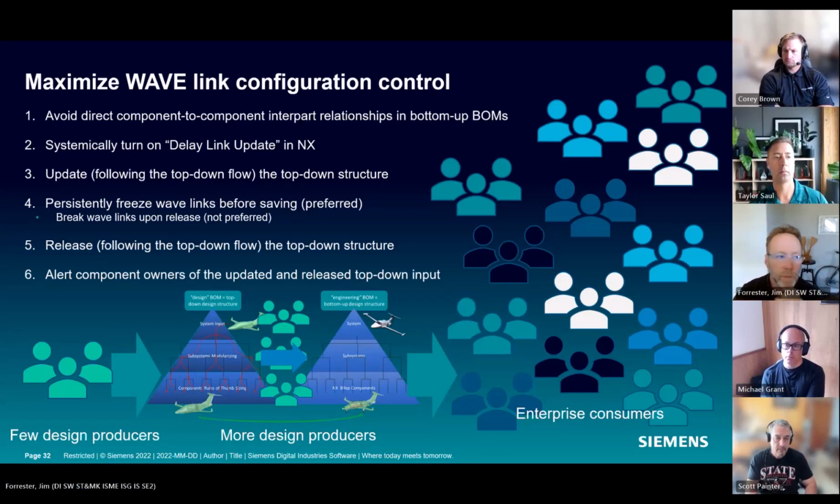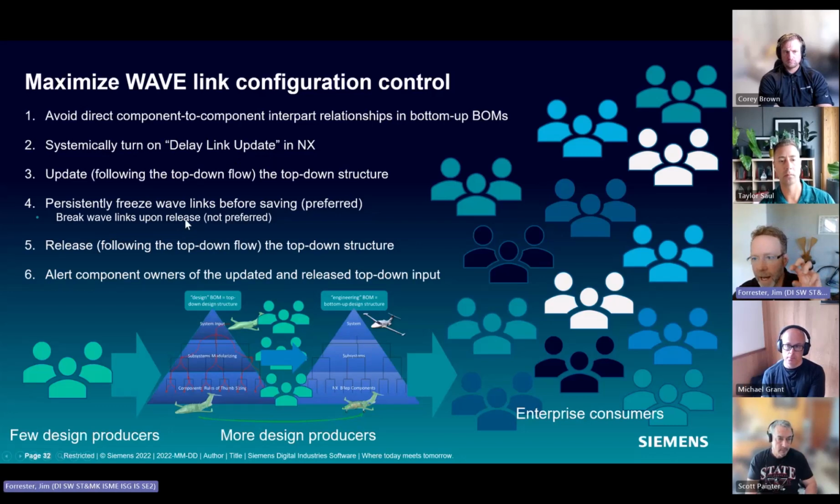So this delayed link update does that systemically. The freeze link does it at the component level, and you can persistently save it that way, until you unfreeze it for some reason. And then breaking wavelengths is bulletproof, but it's not preferred because it's a little more difficult to undo that process.